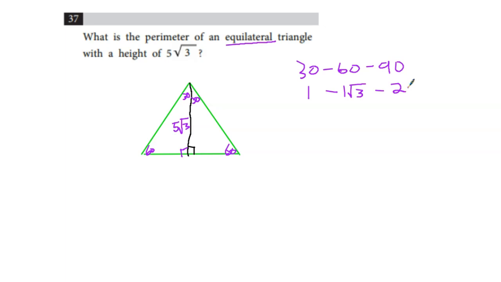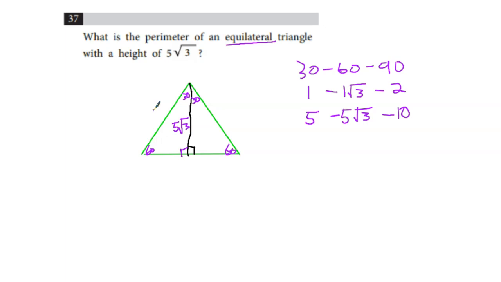If you know that one too, that will speed you up to do this kind of question really quick. Always look at the opposite. The 60 is giving you 5√3. So once you get that, the number in front is there, 30, and then twice of that is the 90.